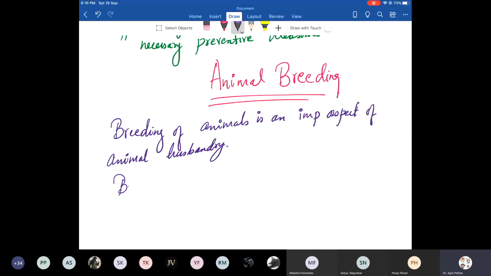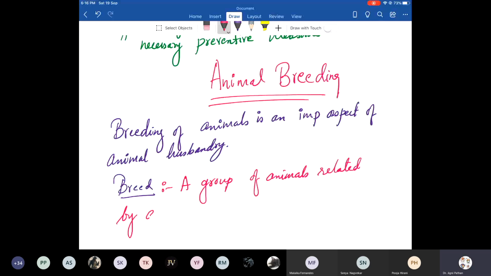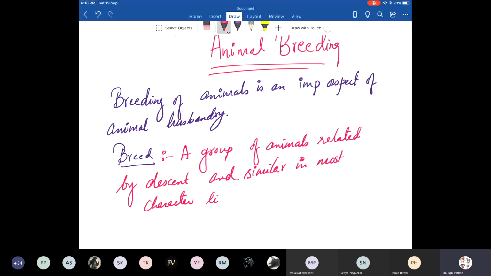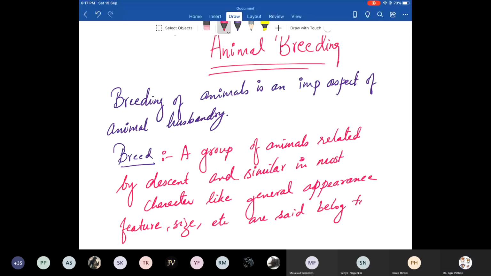A group of animals related by descent and similar in most characters, like general appearance, features, size, etc., are said to belong to a breed.